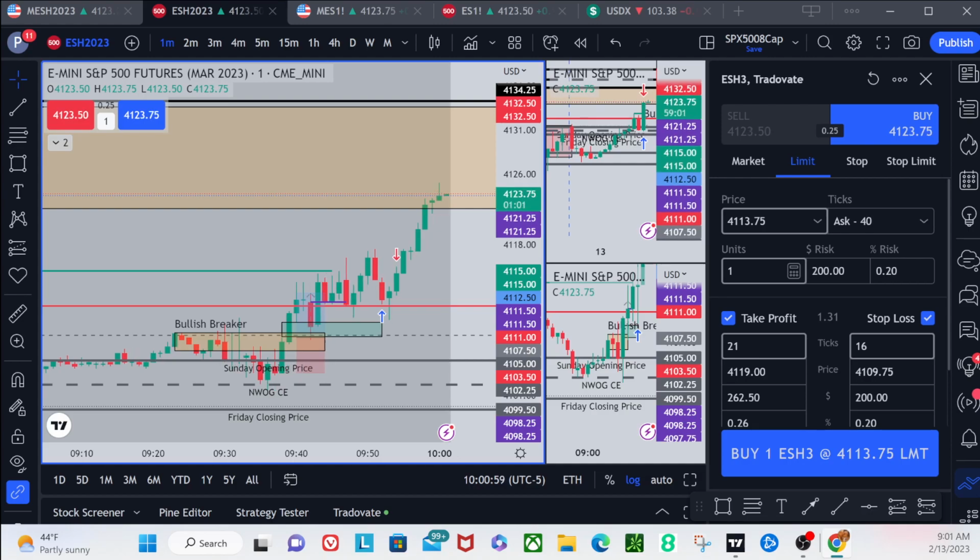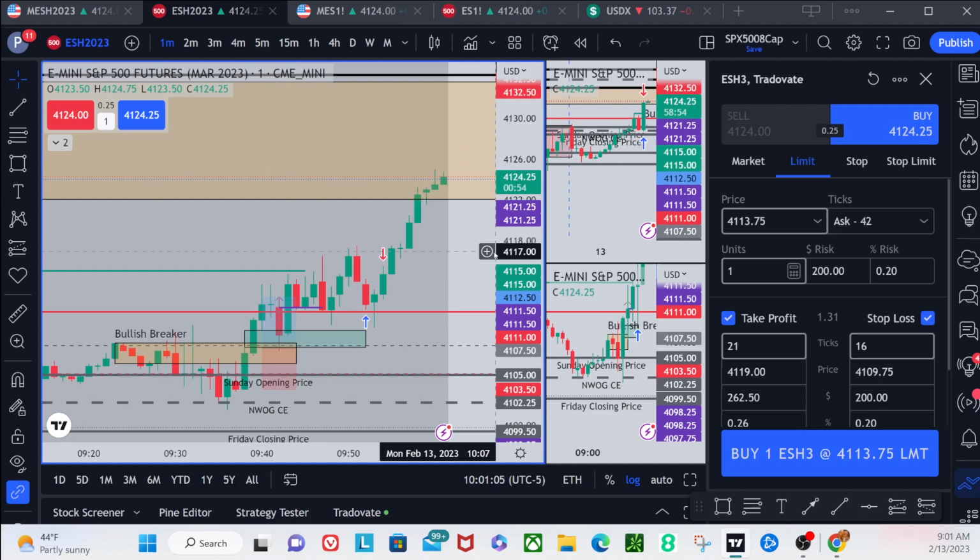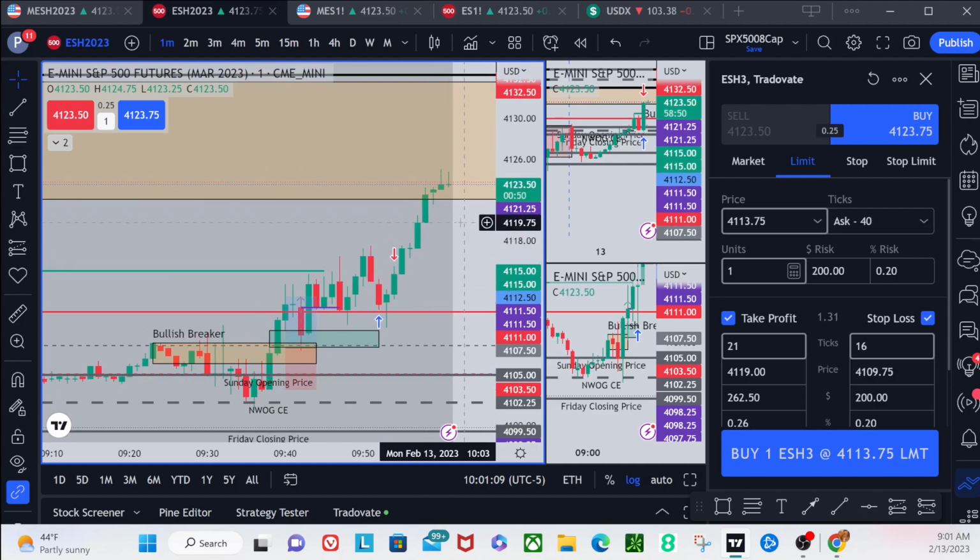So you have 41.18.6 for your consequent encroachment at the fair value gap on US 500. So just make sure you have that measure on your chart for those following along on the CFD on the right hand side.